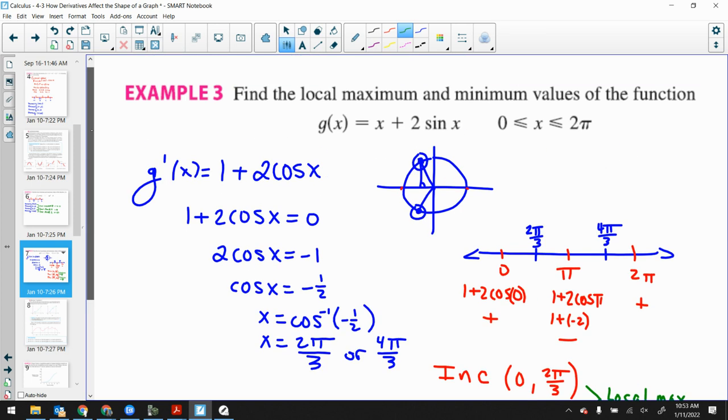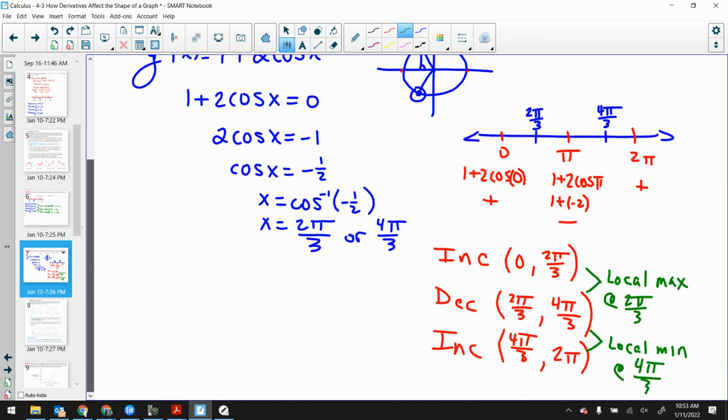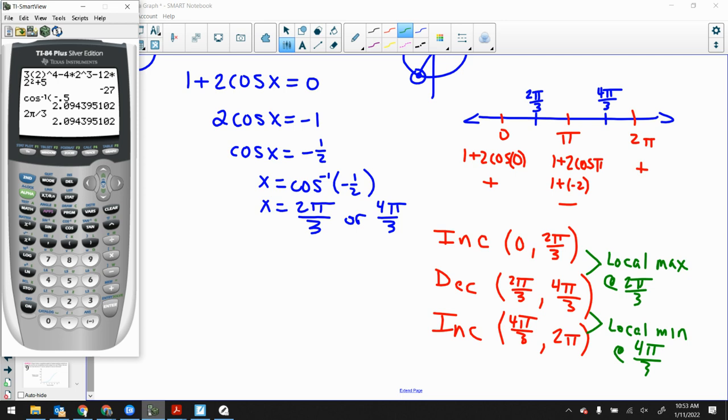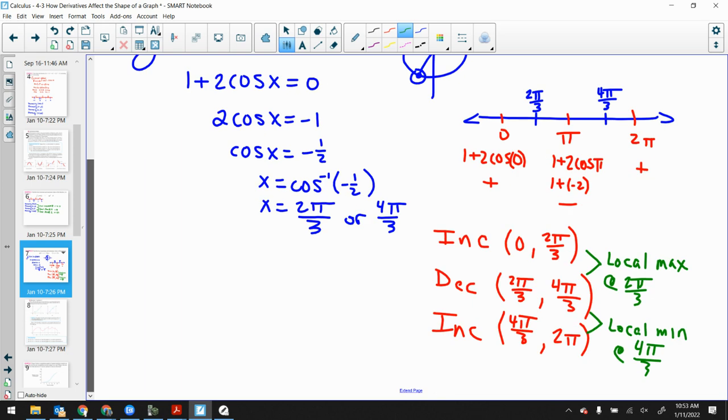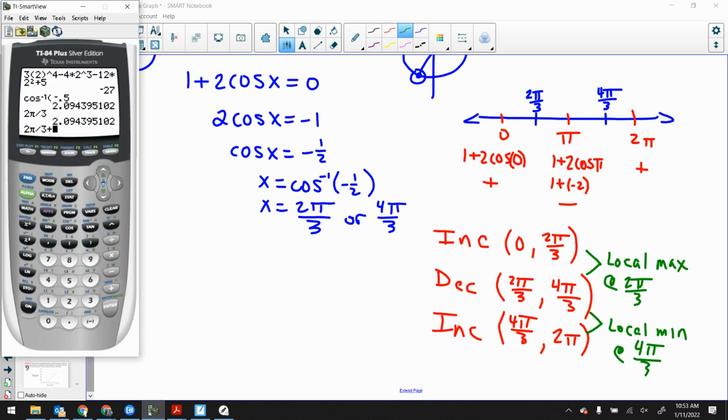And for that, I have to go back to my original, x plus 2 sine x. So x is 2 pi over 3, plus 2 sine x, plus 2 sine 2 pi over 3. Right, x plus 2 sine x. 3.8.